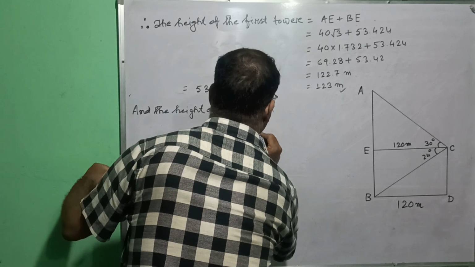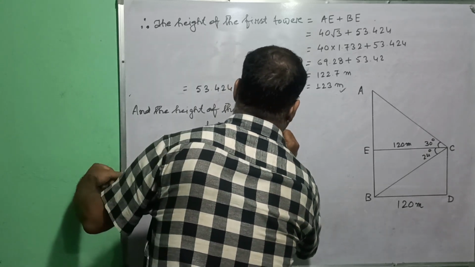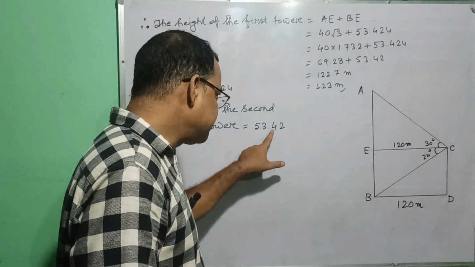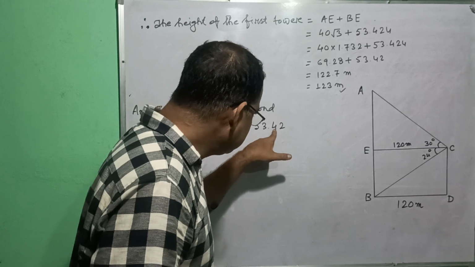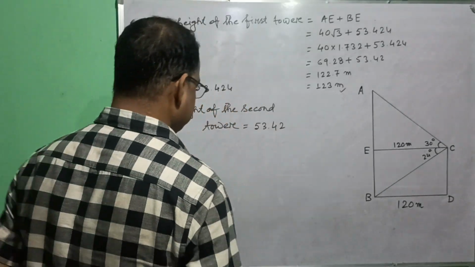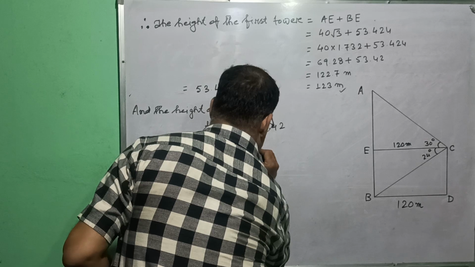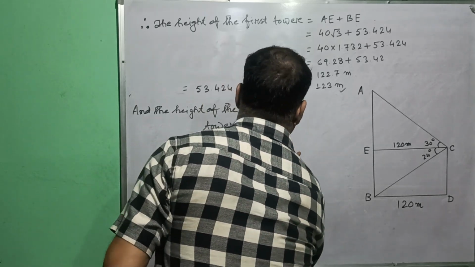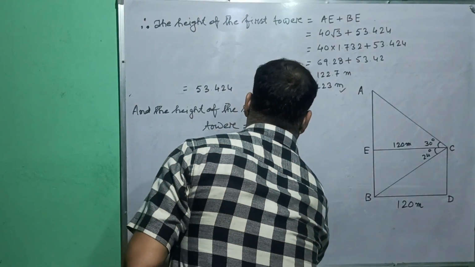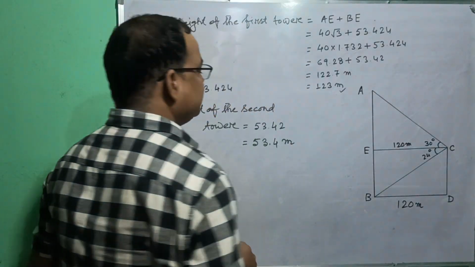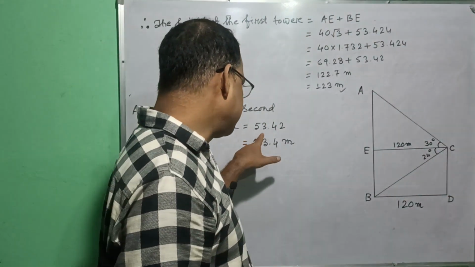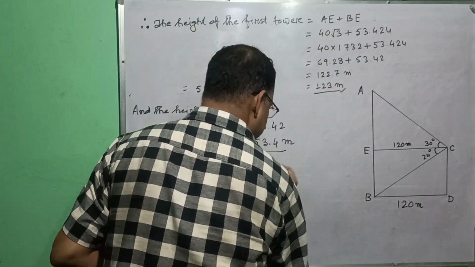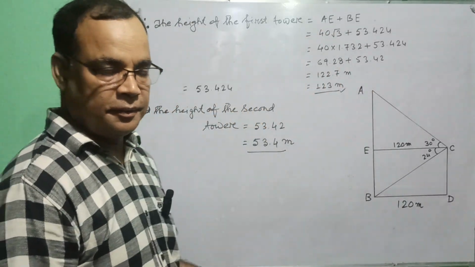If we write 53.42, as it is given up to 3 significant figures, we'll neglect this 4. So we can write 53.4 meter. As it is given 3 significant figures, here also 3 significant figures, here also 3 significant figures. So this is the answer. Thank you.